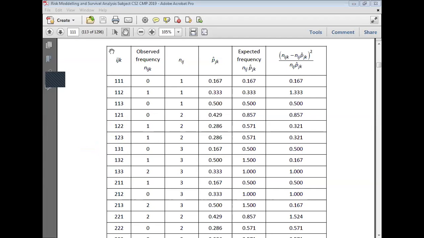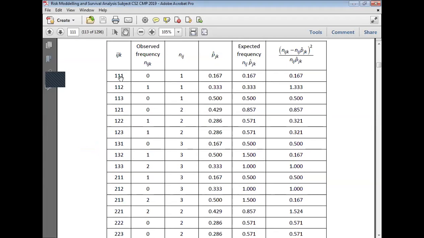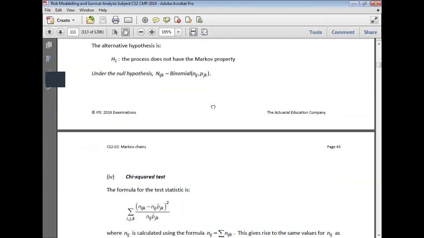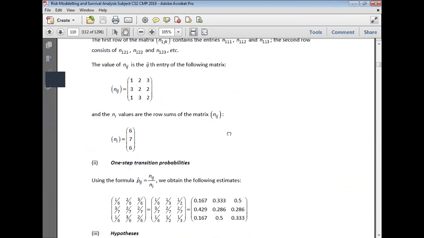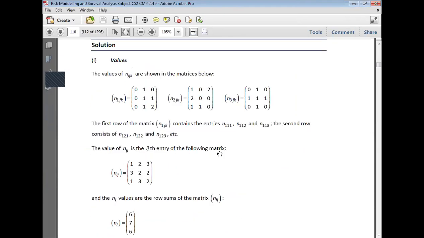And now you will see how many times you are observing each particular combination. For 1, 1, 1, you don't even have to go back to the actual process, because you have already taken that into consideration. So this right here is my N11, this is N1, row 1, column 2, this is row 1, column 3.